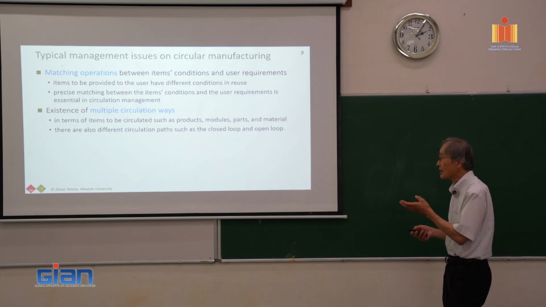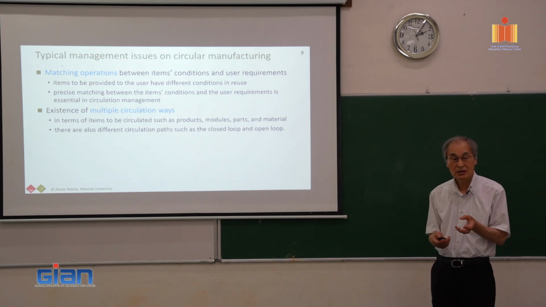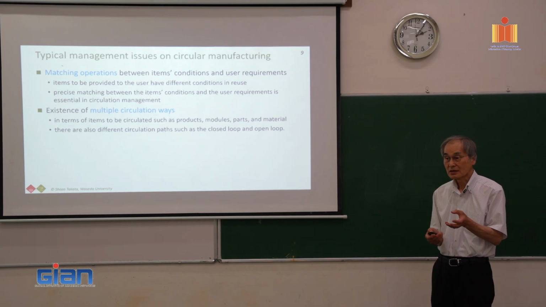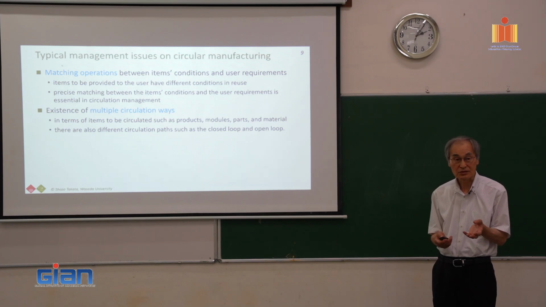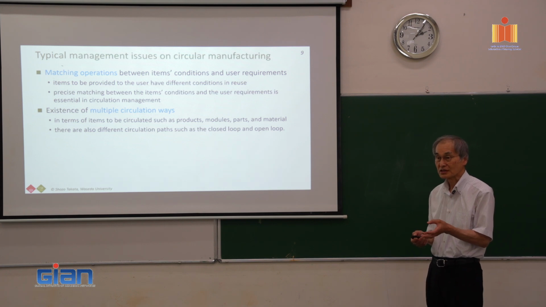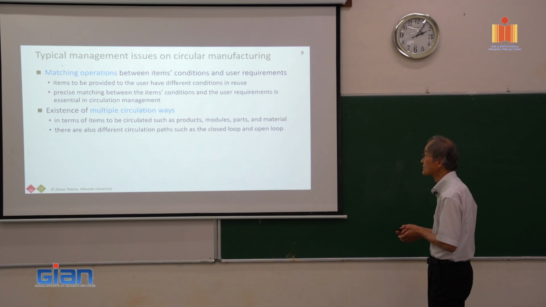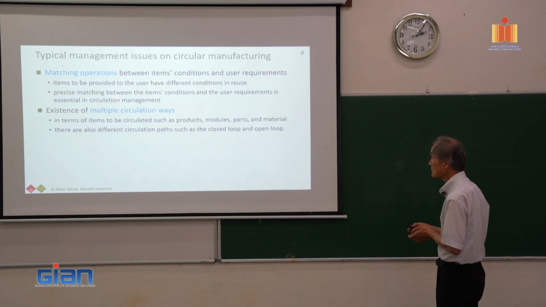But in the case of circular manufacturing, reused products or parts have different conditions depending on the mode of usage or the user's behavior. So we need matching operations between item conditions and the user requirements.